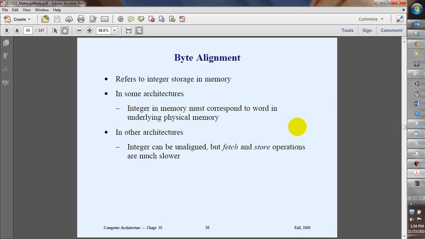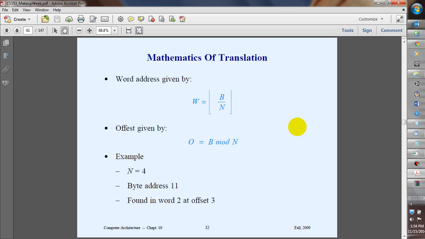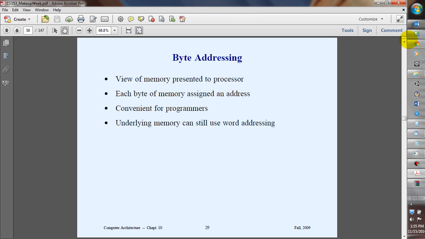So for byte alignment, this is an important part for programmers to consider: the integer storage in memory. It can help to know that, for example, an integer that's composed of bytes 12, 13, 14, 15 is aligned, but maybe 6, 7, 8, and 9 is not aligned in this case.